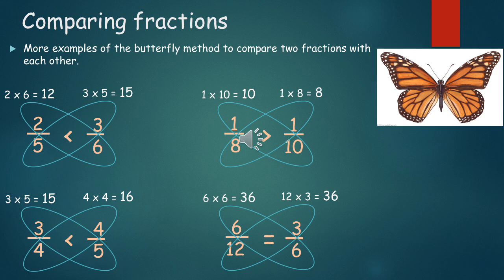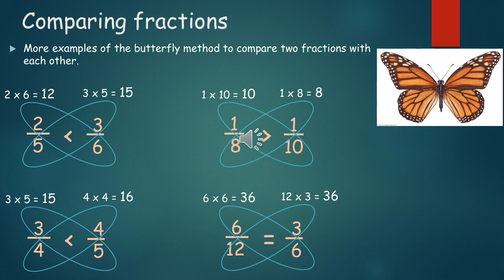The next one, 1/8 and 1/10. You still remember, the bigger the denominator, the smaller the piece. 1 times 10 equals 10. 1 times 8 equals 8. So 10 is bigger than 8.